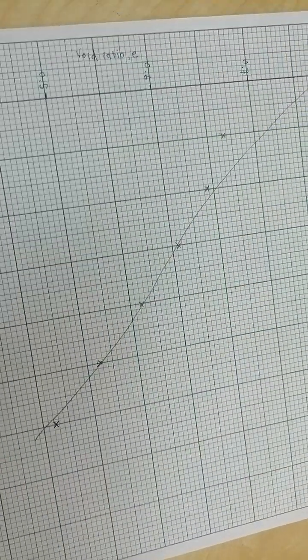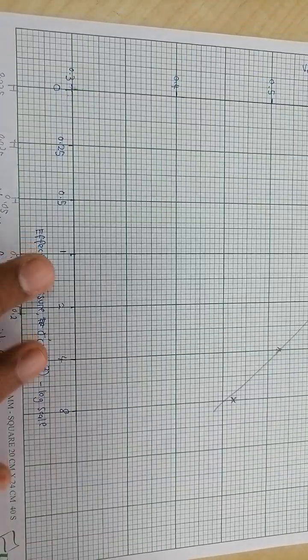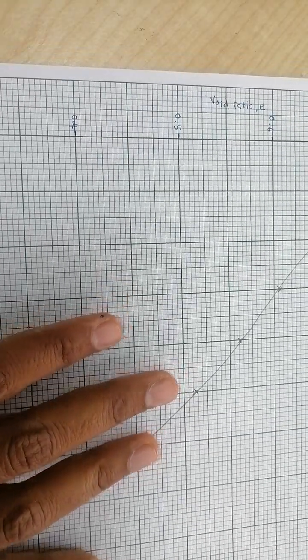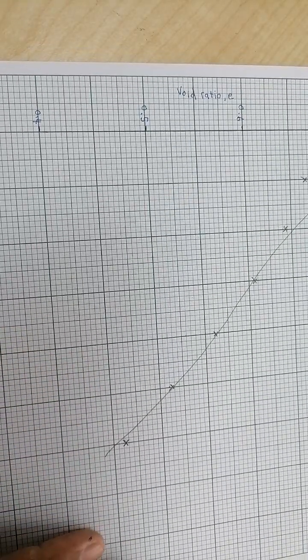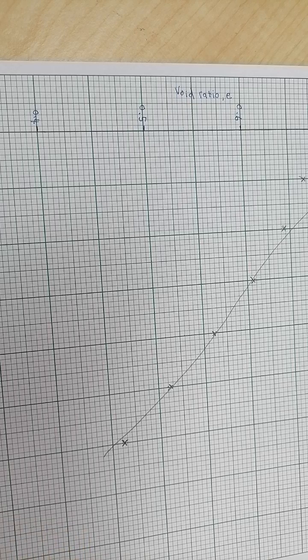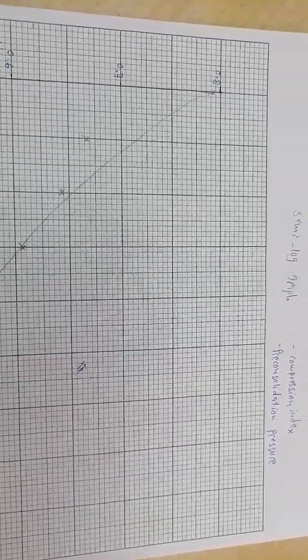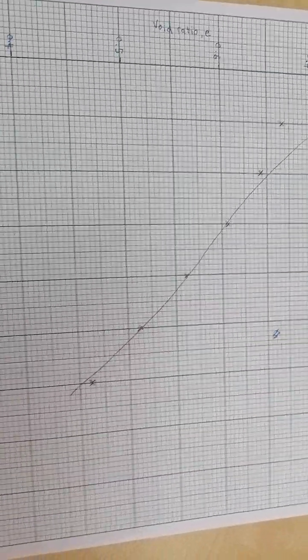This is the curve. So basically we have answered the question asked of us.